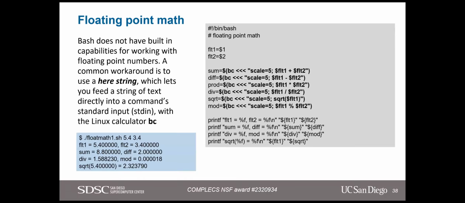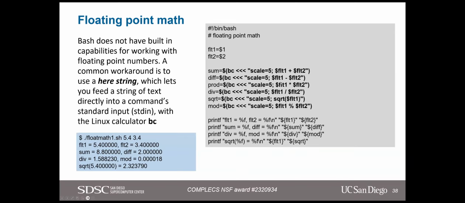If you don't set scale, BC is going to default the scale to 0, which means it's going to continue to act exactly like Bash does, and it's going to truncate everything. So in this example, we use scale, we do what we did before with our addition, and then we're going to use this here string to redirect the command we did into the basic calculator.